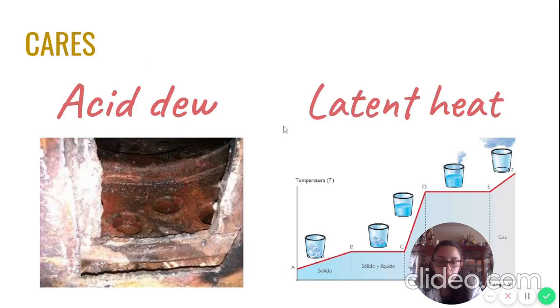The different cares that should be taken in this process are, first, acid dew. In the combustion process, the sulfur contained in the fuel is oxidized to sulfur dioxide, which can be further oxidized to sulfur trioxide, having a great tendency to combine with water to form sulfuric acid, which remains dissolved in the water with great corrosive power.